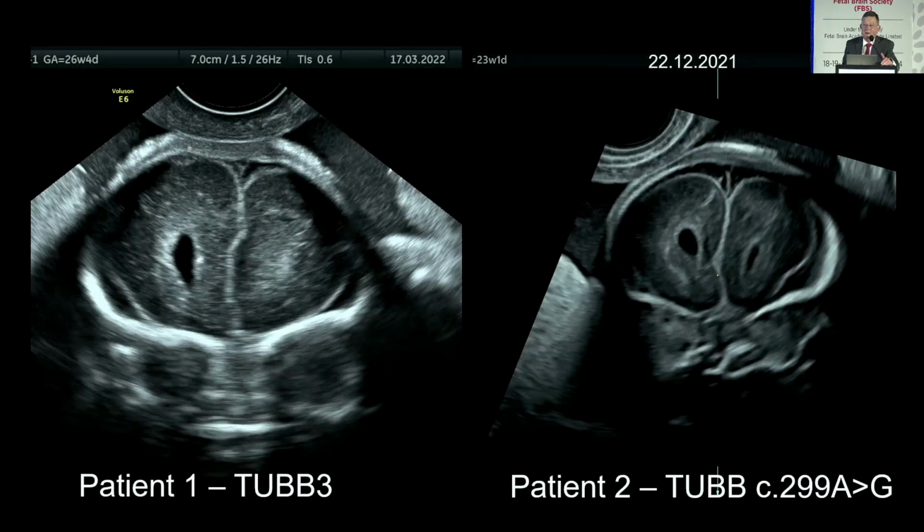Until now, the literature says that all the cases of tubulinopathy have neurodevelopmental problems. There were actually very few reports of normal or almost normal persons with tubulinopathy.